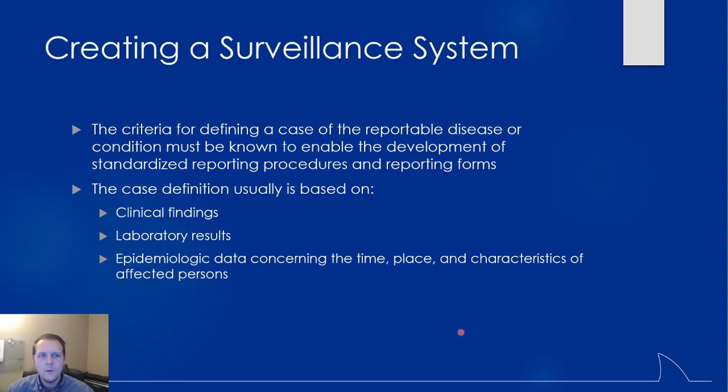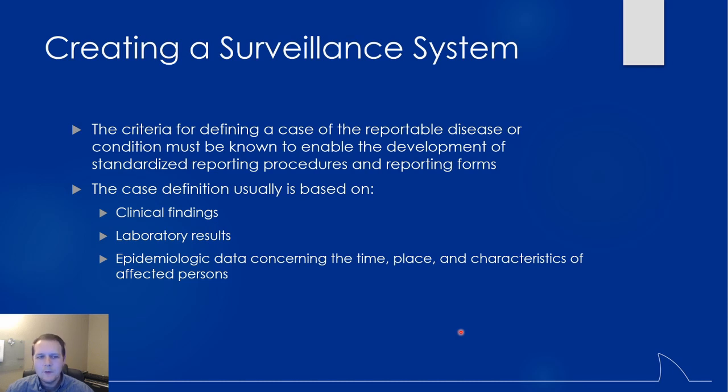When we're creating these surveillance systems, it's really important that you determine the criteria for how you actually define a case. You don't always have to have everything defined at the very beginning. Sometimes these case definitions will evolve as time goes on, but it's really important that, at least starting out, you have good standardized reporting procedures, or at least forms where people are able to collect data somewhat consistently, to make sure you're comparing apples to apples when you're looking at different cases.